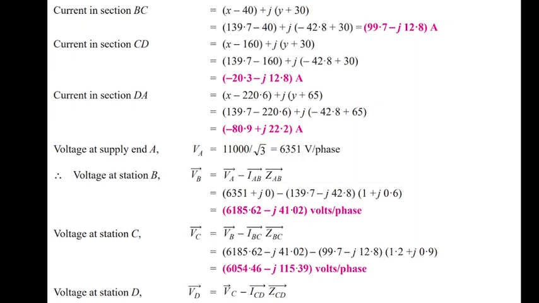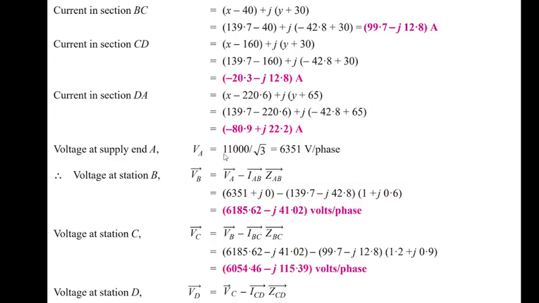This step-by-step approach allows you to understand how voltage varies throughout the ring network and ensures that all node voltages remain within acceptable limits. So this final stage is essential for evaluating system performance and verifying proper voltage regulation across the entire distributor in the ring configuration.